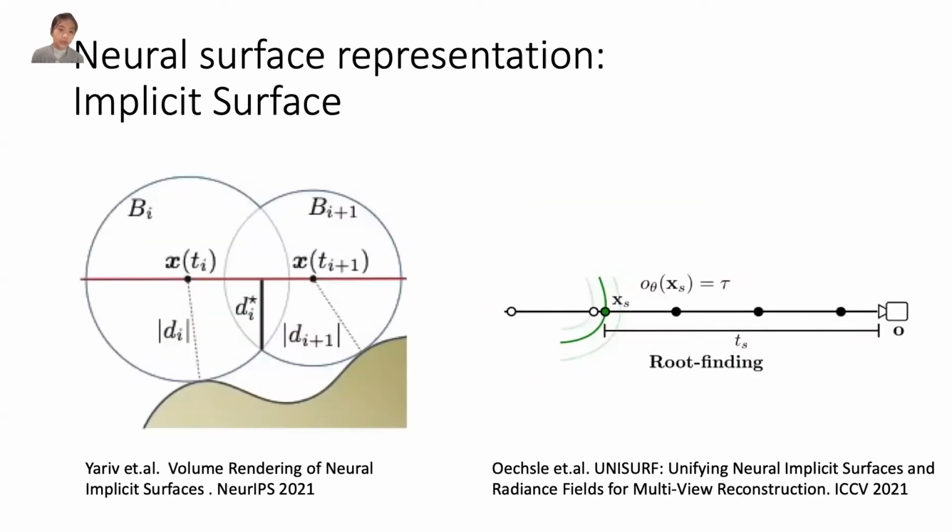The surface intersection points are found by sphere tracing, which marches along the ray by a distance given by the signed distance function. Or sometimes people also use bracketing methods such as bisection, which iteratively confine the interval based on the sign of the probing points.